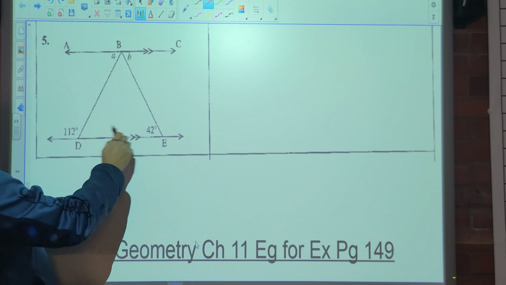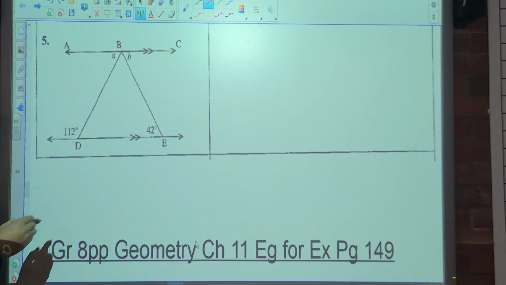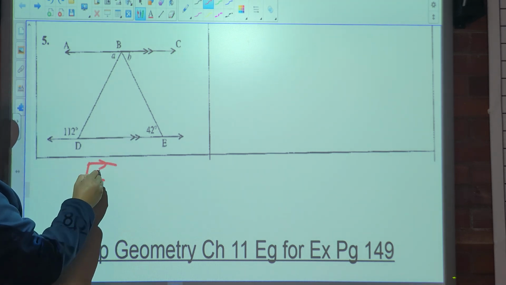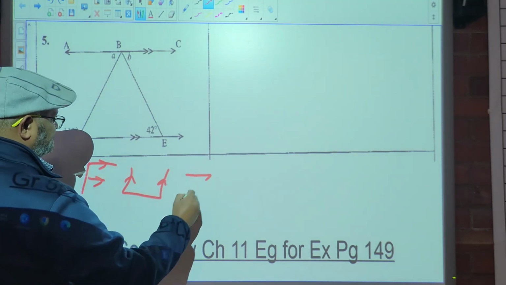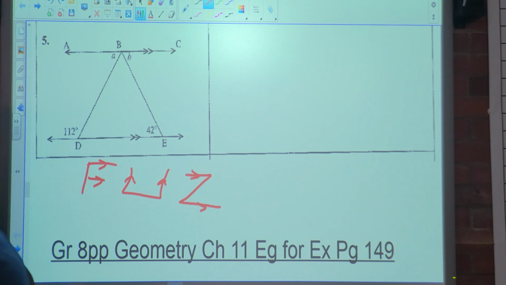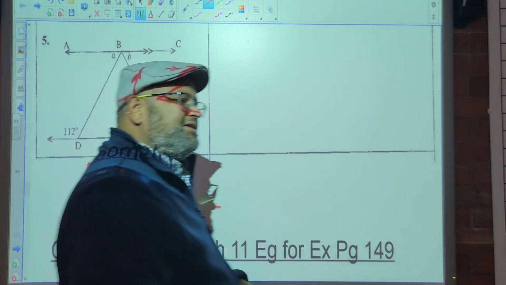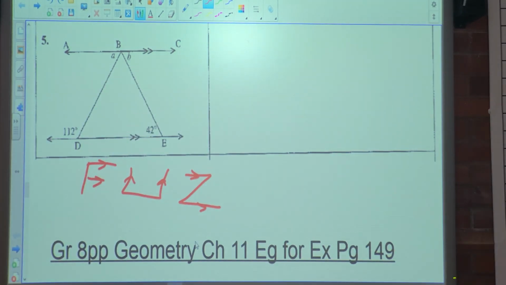Remember, if lines are parallel, what can we use? We can use the FUN angles. Firstly, we know in geometry we're going to set up an equation in pursuit of calculating the unknown variables.